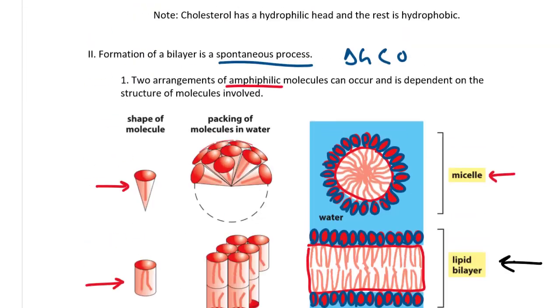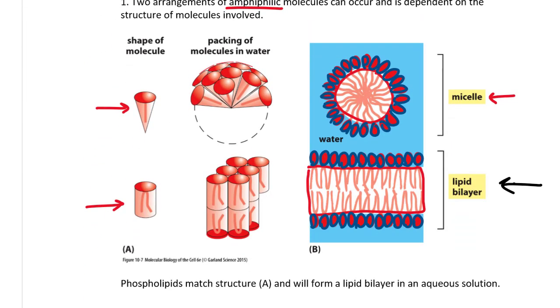But there's a problem, right? So let's go back to this picture. The problem is these surfaces right here. These phospholipid tails are still facing the solution. And how do you get rid of that?